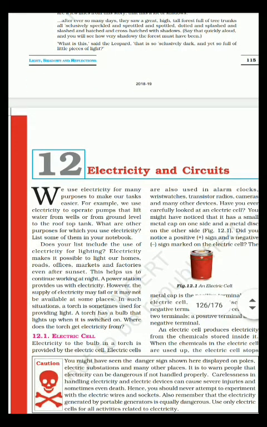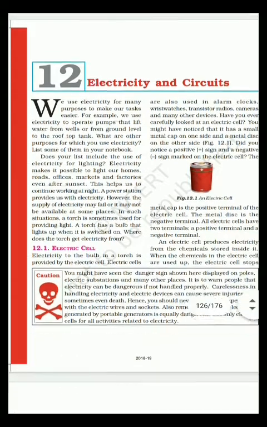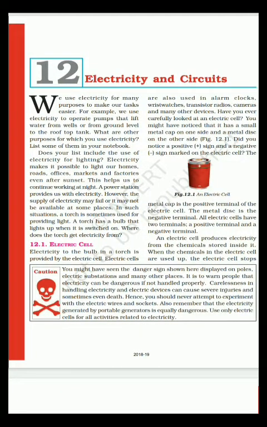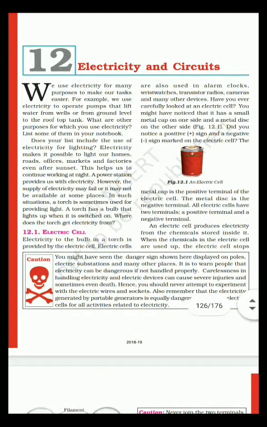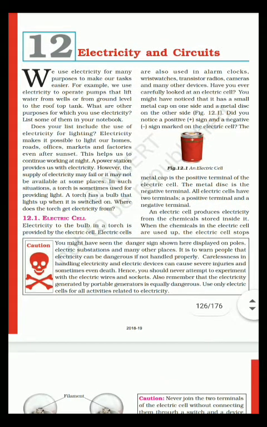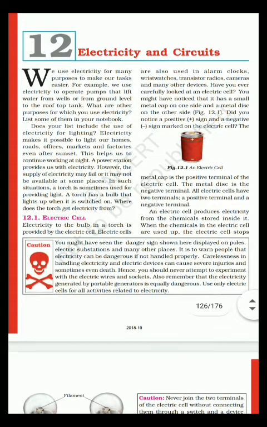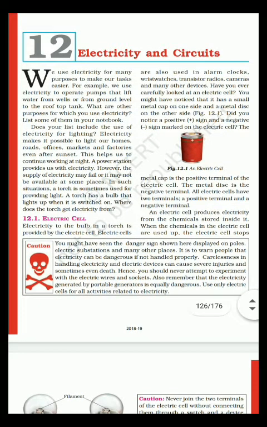Next is electricity and circuits. We use electricity for many purposes to make our tasks easier. And they are mentioning a few examples and we don't need that. Electric cell. Electricity to the bulb in a torch is provided by the electric cell. Electric cells are also used in alarm clocks, wristwatches, transistor radios, cameras and many other devices.